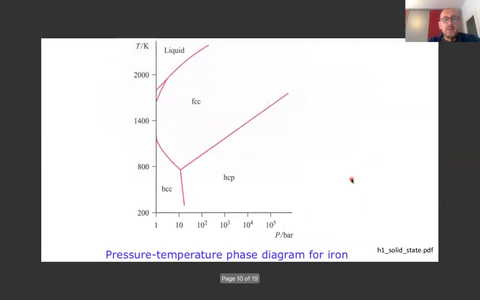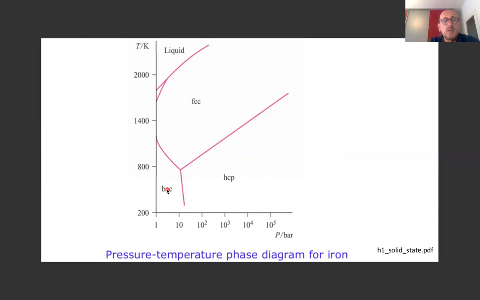But this is an example of what I was telling you before. This is the pressure in bars here, and here is the temperature, in Kelvin, so room temperature is here. At reasonably low pressures and low temperatures, this will be the stable structure of iron.